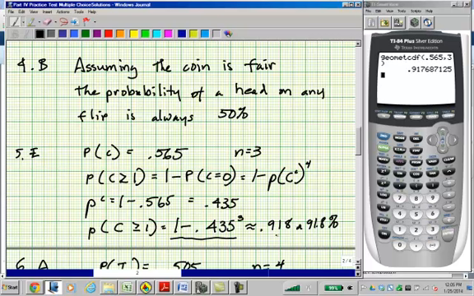Or you can do GeoMet CDF, which will give you the cumulative probability that at least 1 household is found to have a computer out of 3, putting the probability of a household having a computer first, and then the number of households you want to consider. Remember, it's CDF if you're doing at least. If you're doing exactly, what's the probability I have exactly 1 out of 3, that would be GeoMet PDF.